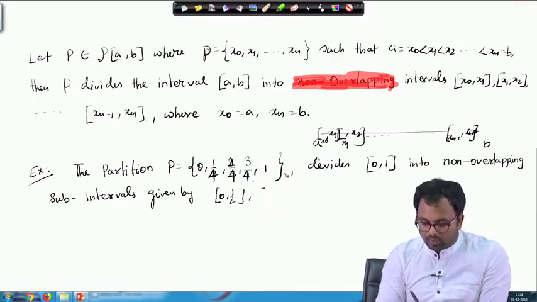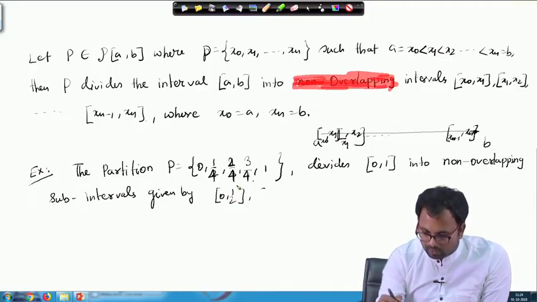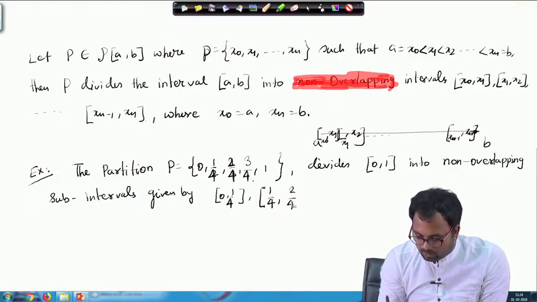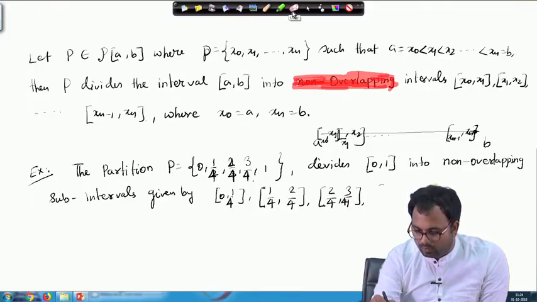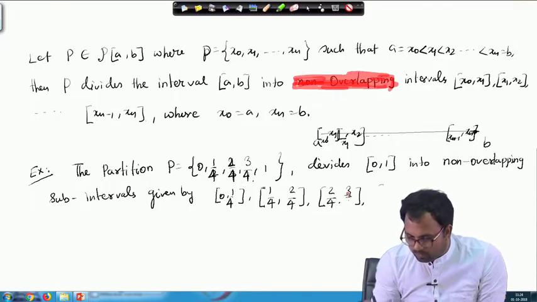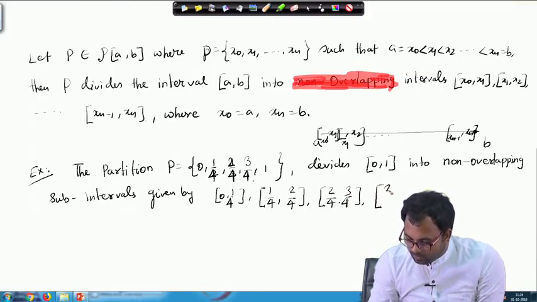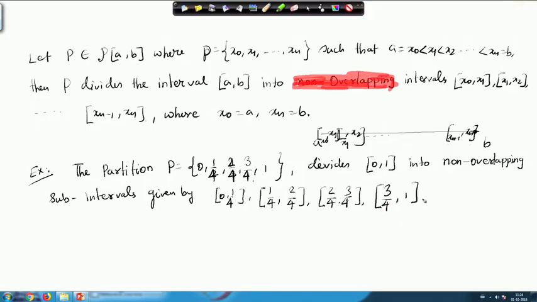Then the subintervals can be given by 0 to 1 by 4, 1 by 4 to 2 by 4, then 2 by 4 to 3 by 4, and finally 3 by 4 to 1.